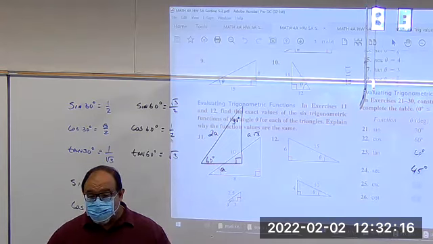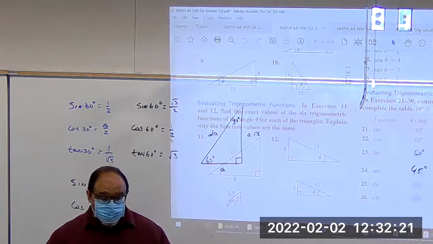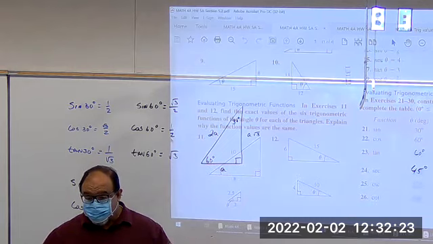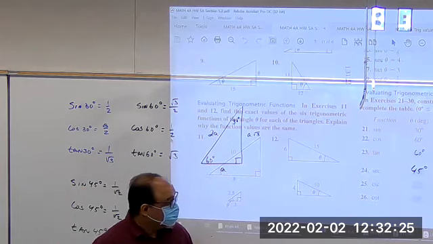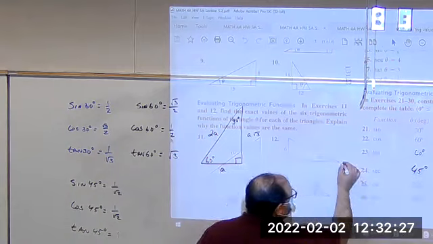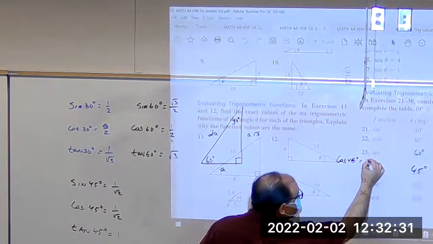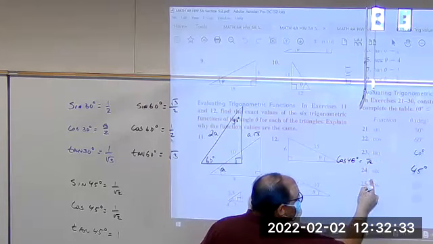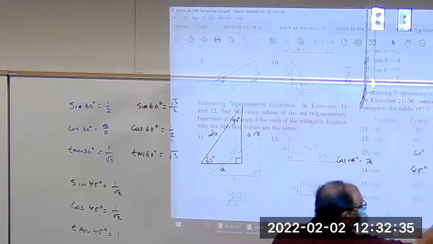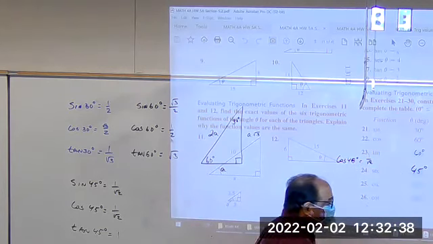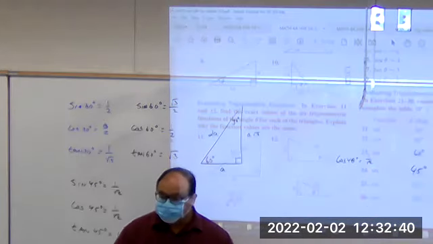Flip it. What's the cosine of 45? Well, 45, you have isosceles. That's where you use root 2 over 2 or 1 over root 2. So the cosine of 45 is 1 over square root 2. So the secant is the reciprocal, just square root 2.